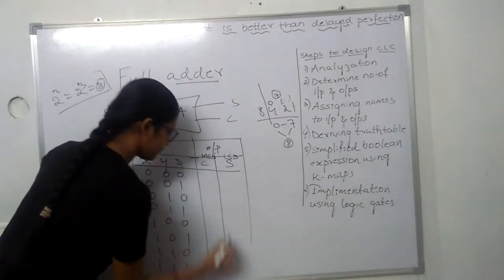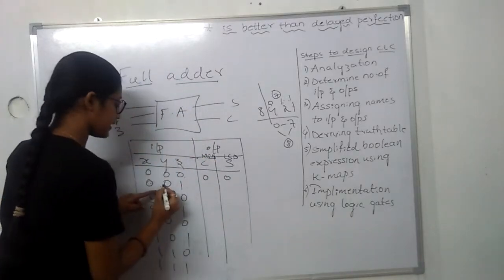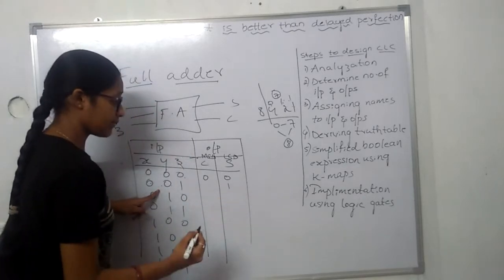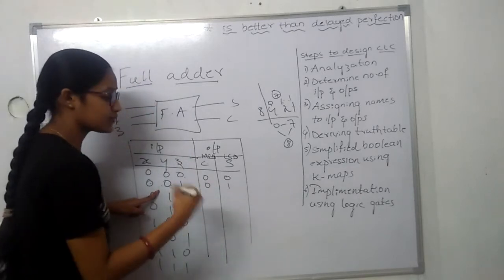Here 0 plus 0 plus 1 is 1, so we assign 1 to sum and 0 to carry as we don't get any carry.